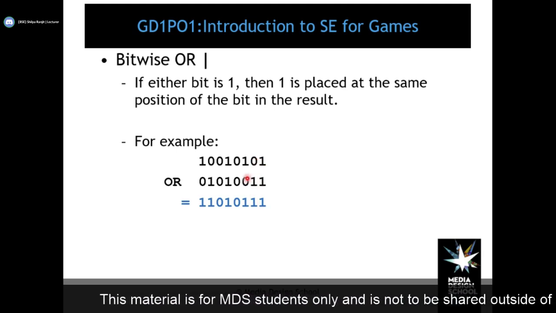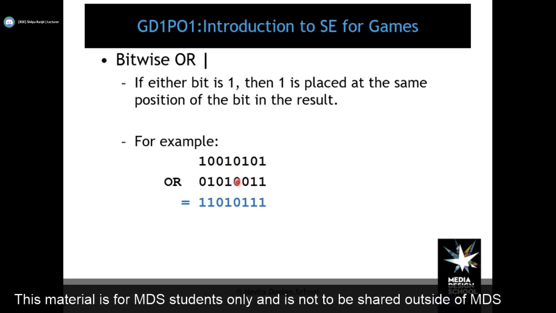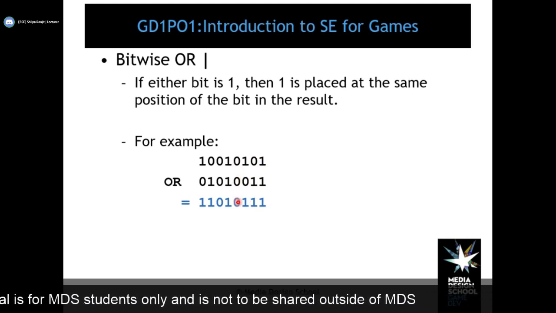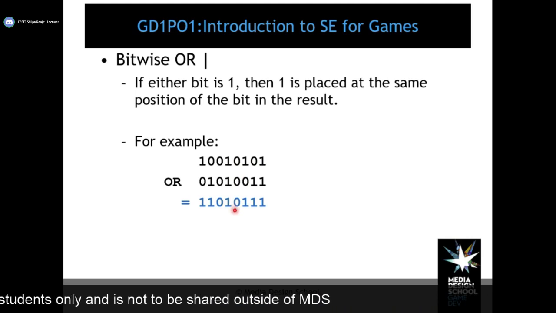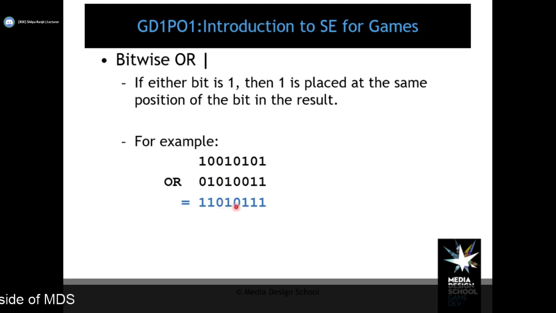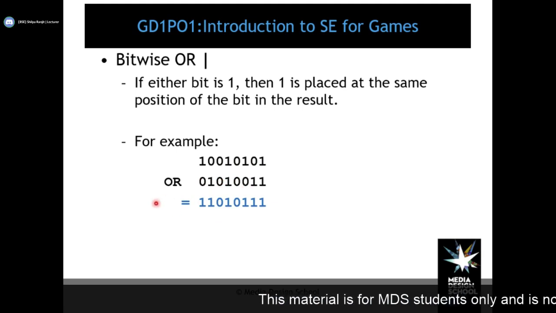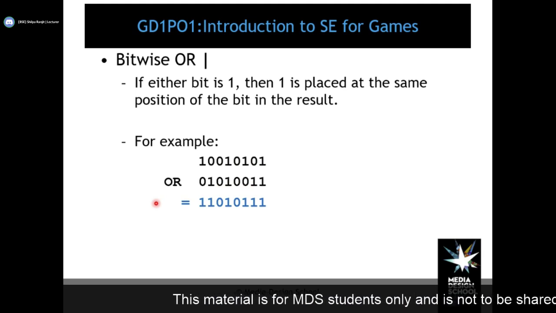You end up with a 1. 1, 0, 1. But in the case of 0, 0, since both are zeros, you end up with a 0. So these are the only situations where you would end up with zeros, where you have both the binary bits as zeros. All right, so that is the result of this bitwise OR operation. So remember the difference between the bitwise AND and bitwise OR.